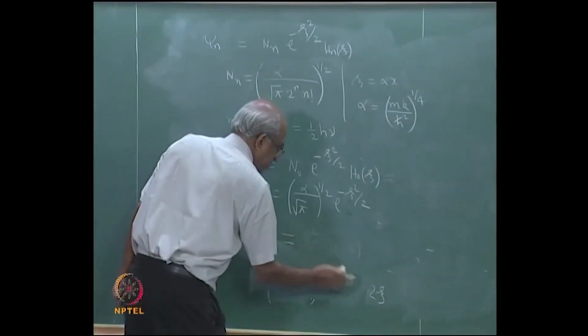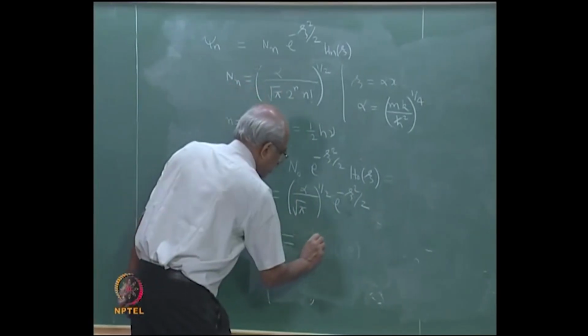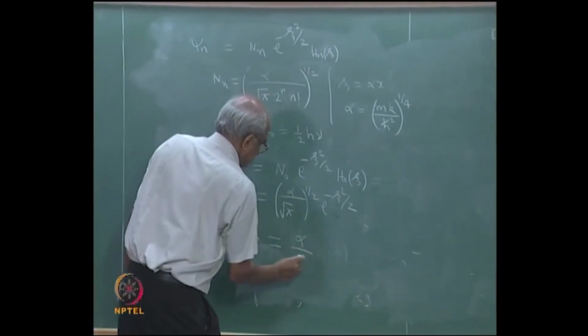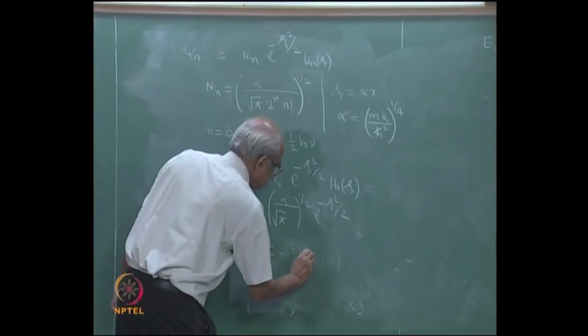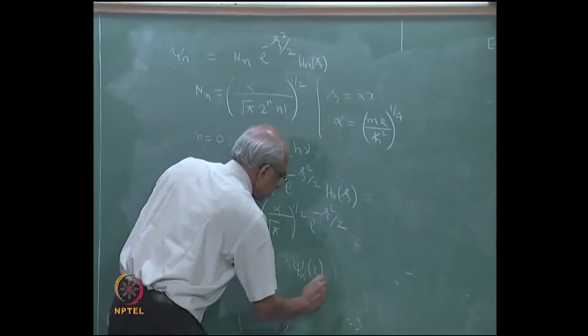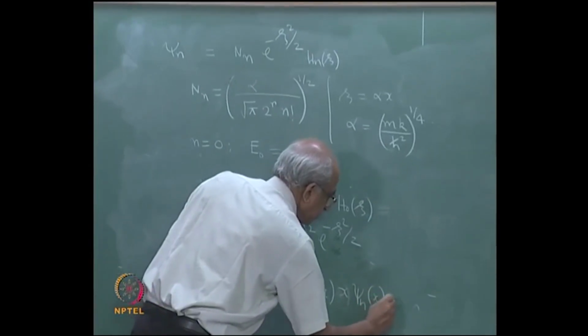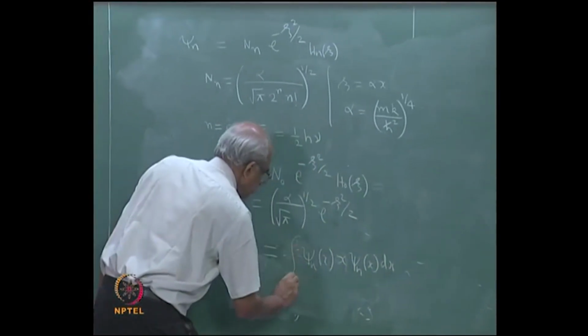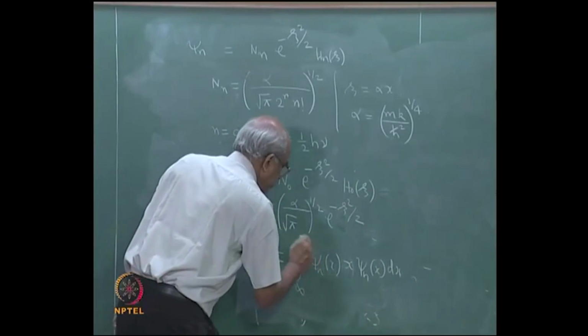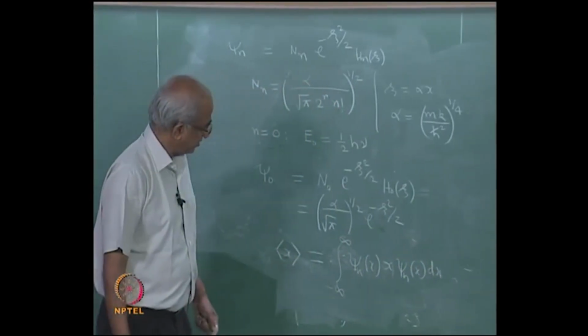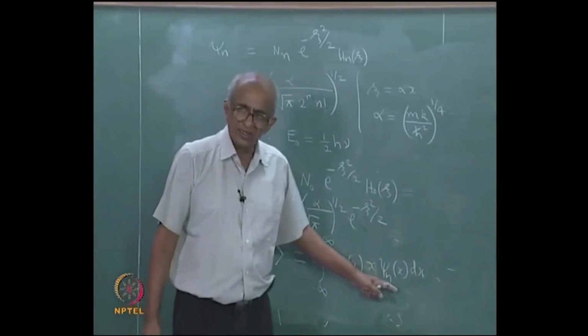It is a fairly simple thing. How will you do that? I do not think I need to do the integral, because I can say that you look at the integrand.